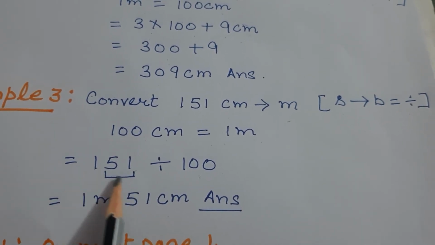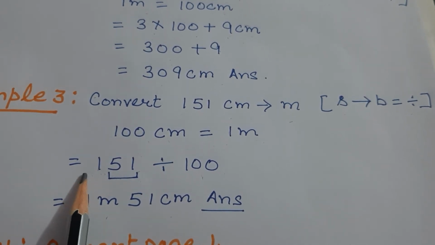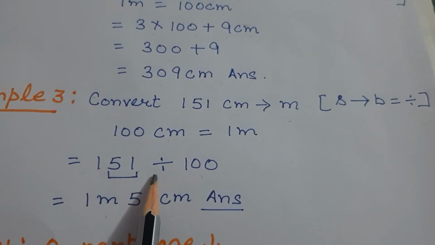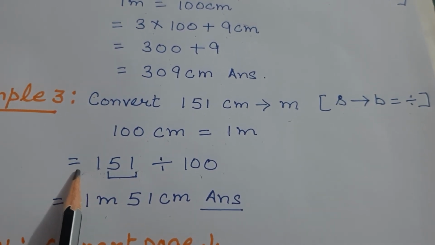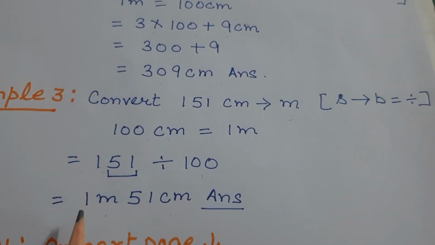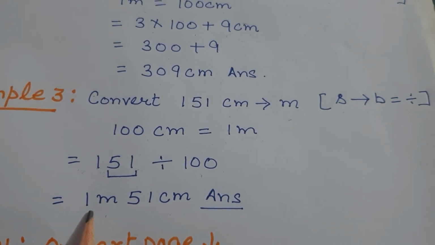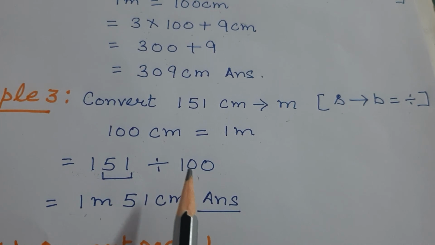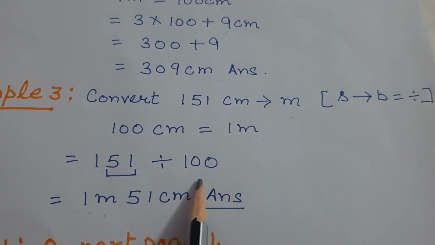If there are 4 digits, how many digits will be left behind? 2 digits. If there are 5 digits, then 2 digits are centimeter and the left behind digits are 3. So 3 digits you will write here for meters. You just have to keep in your mind how many zeros there are: 2 zeros.